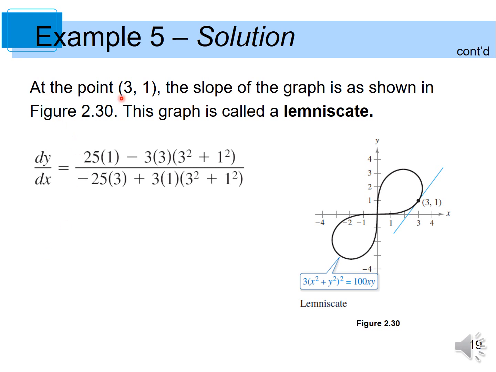At the point (3, 1), the slope of the graph is as shown in the figure below. Once we obtain dy/dx, or the so-called slope function, we are able to calculate the slope. We substitute 3 into the x variable and 1 into the y variable, and we simplify.